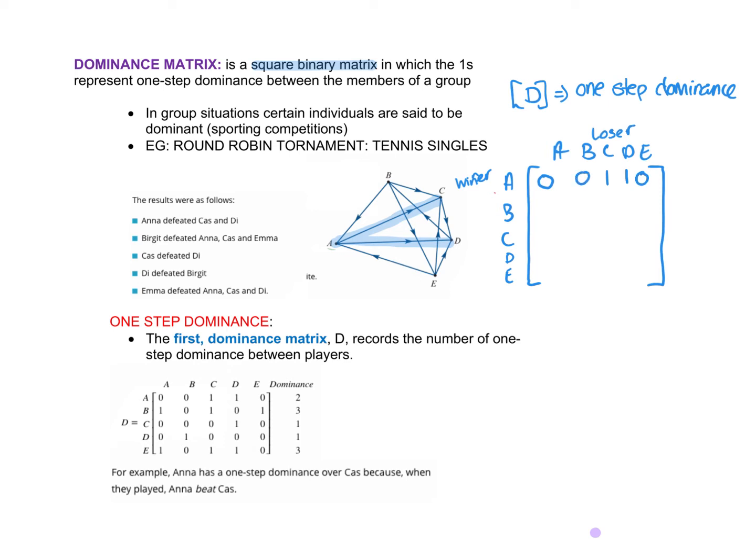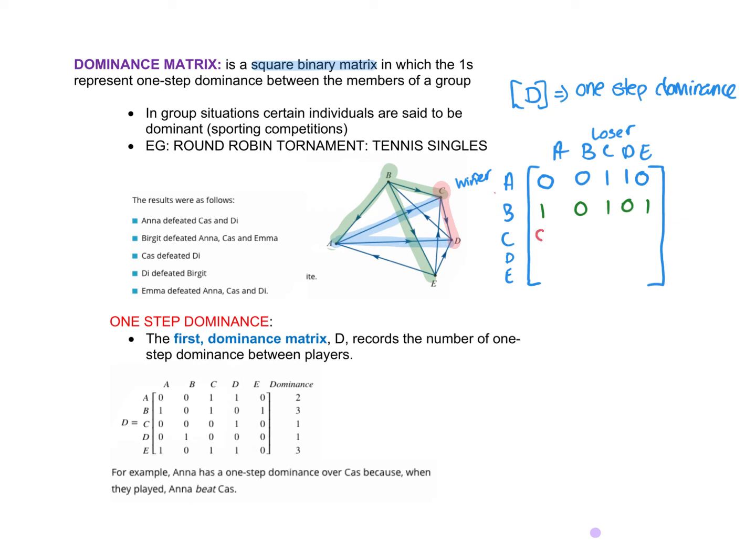Then if we look at B, it beat A, it beat C, and it also beat E. So filling that in: it beat A, didn't play itself, beat C, didn't beat D, and beat E. If I go to C, C defeated D only, by the looks of it.